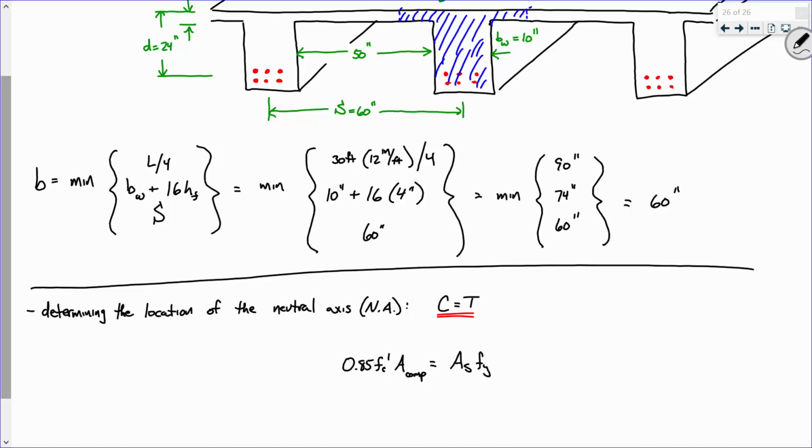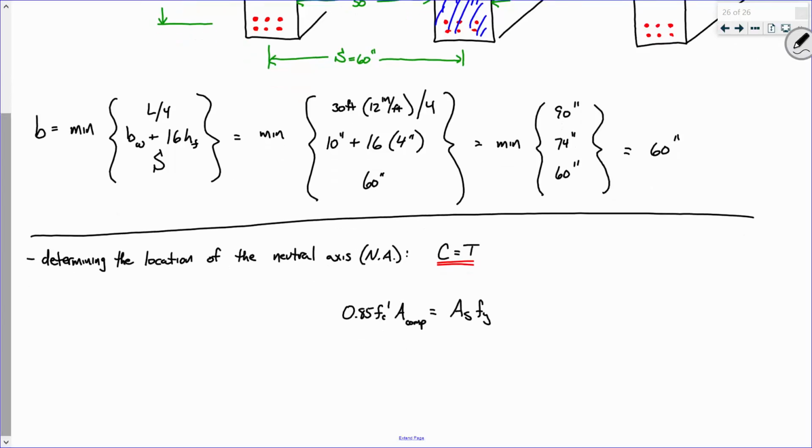needs to be in compression in order to meet C equals T. Everybody okay with that? So let's just keep this simple, okay? So I propose then that the area in compression is AsFy divided by 0.85 f'c. So let's just keep it simple.